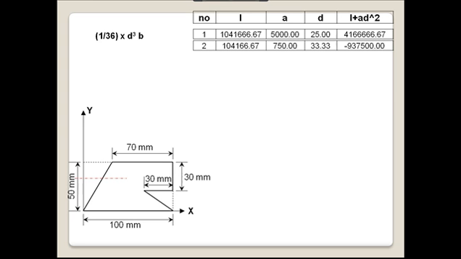Now you see this number is the distance between this red dotted line and the bottom x-axis. It is 2/3 of 50, and that is D. Then we do I plus AD square and we get the number 937,500.00.